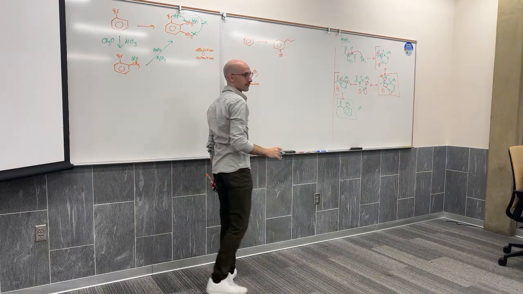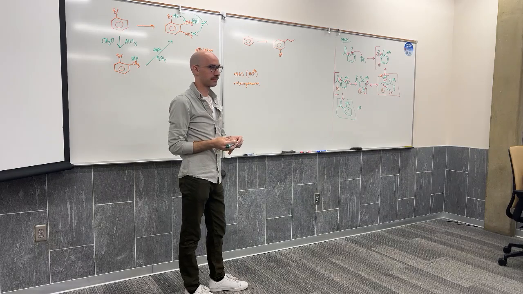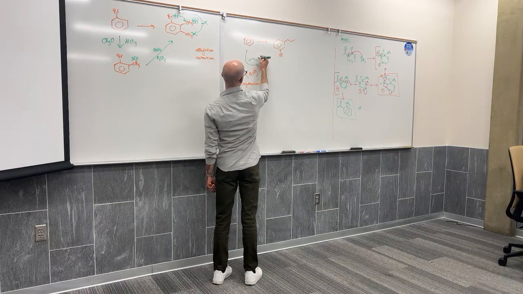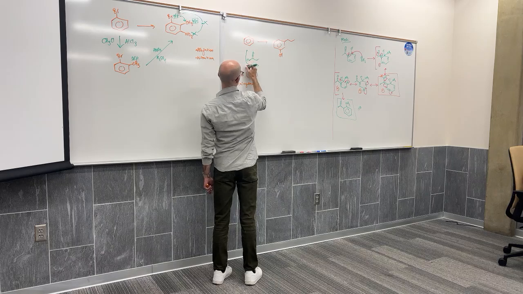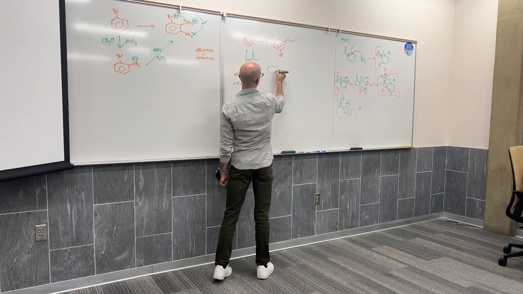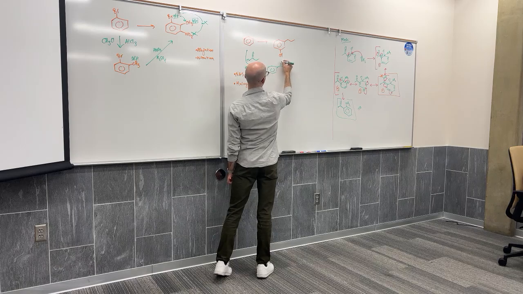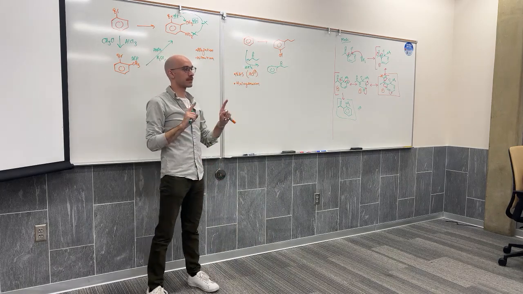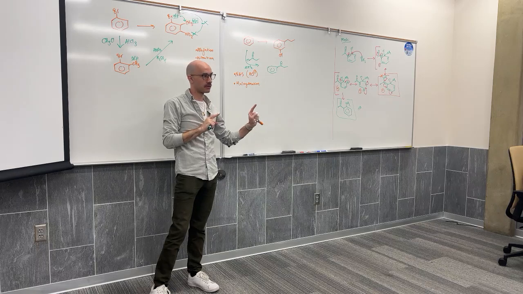So here's my route. I'm going to add this 3-carbon chain as an acyl group. Why do I put this on first? Because this is a meta-director.